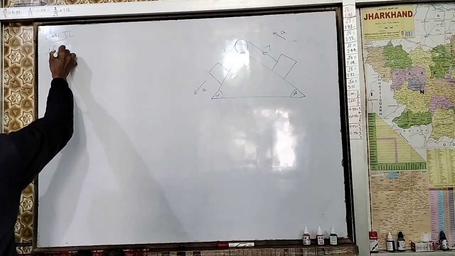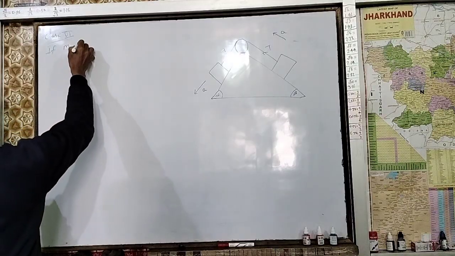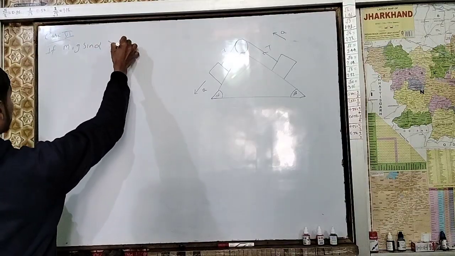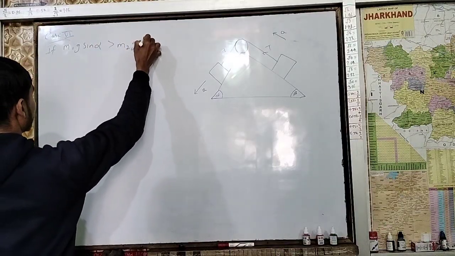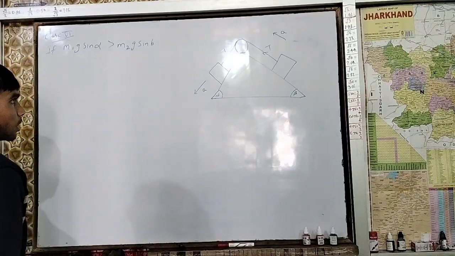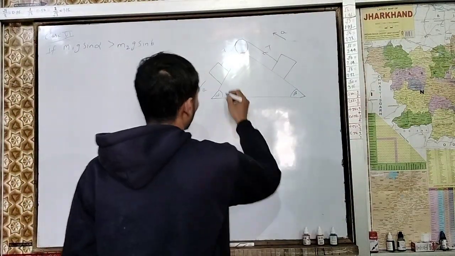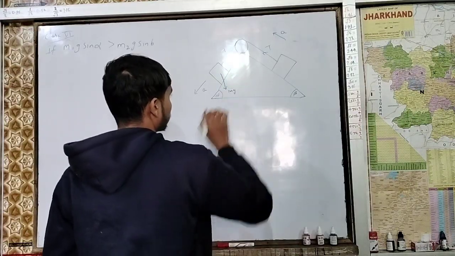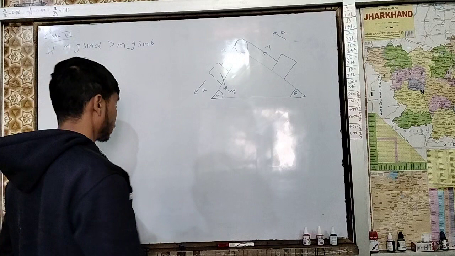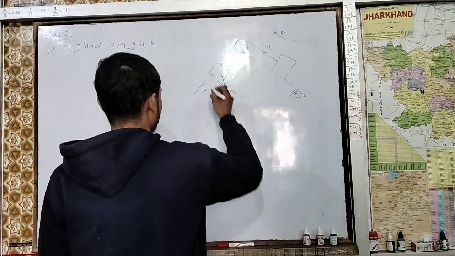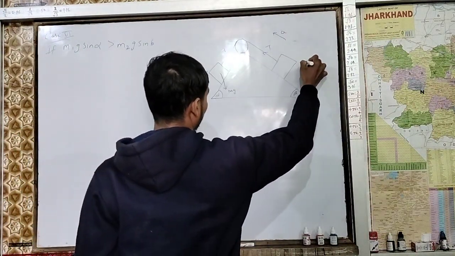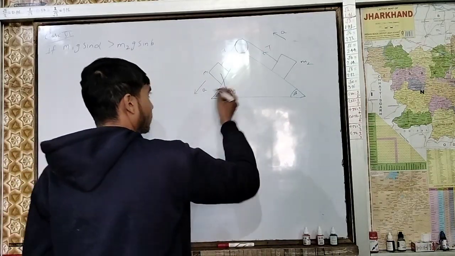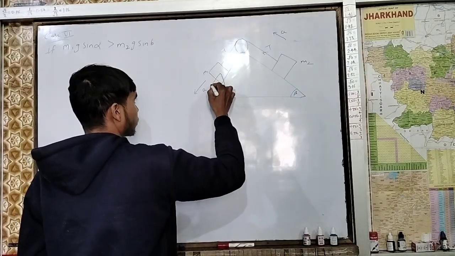The condition is if m1 z sin alpha is greater than m2 z sin beta. Look over here, we will get m1z, or you can say this is m1 and this is m2. Clear? So m1z, let's break components.